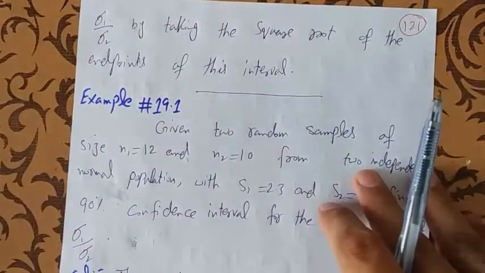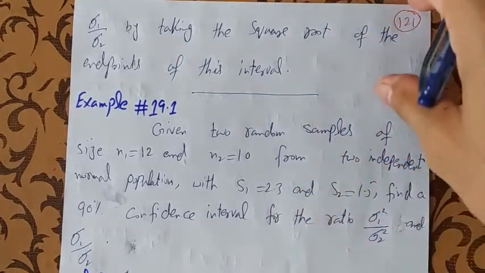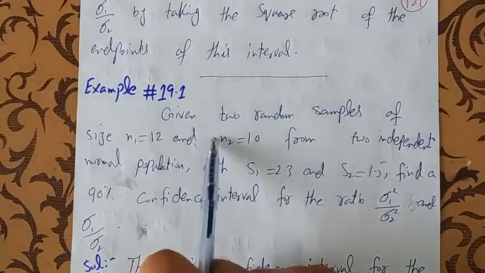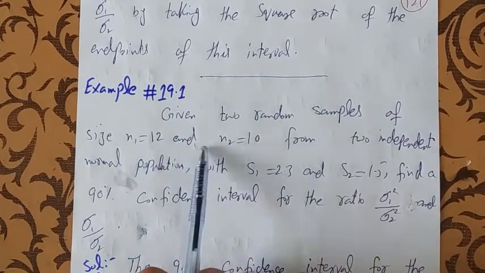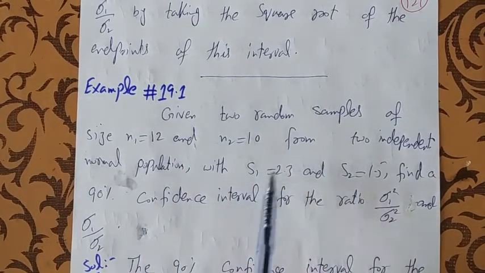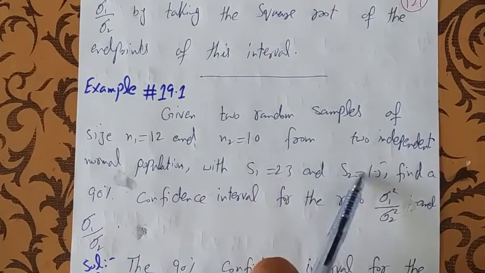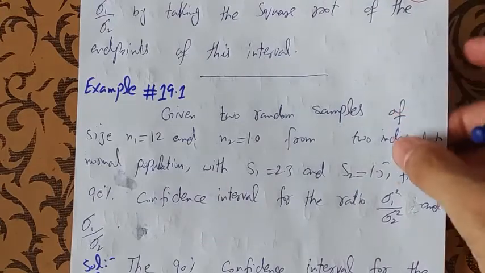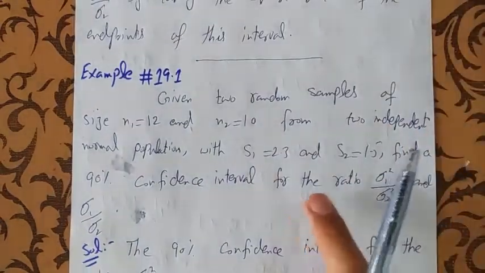Now we apply this relation on a problem. Let's see problem 19.1. Given two random samples of size n1 equal to 12 and n2 equal to 10 from two independent normal populations, with s1 equal to 2.3 and s2 equal to 1.5. These are the estimates of sigma 1 and sigma 2.